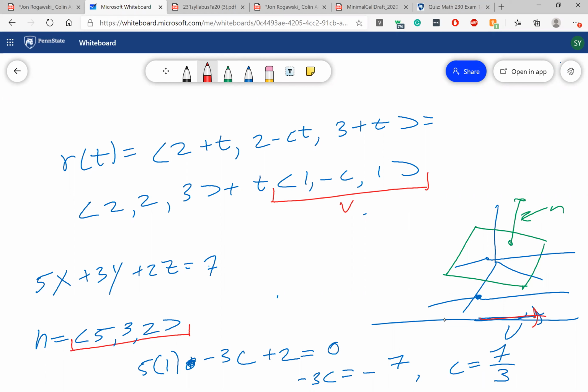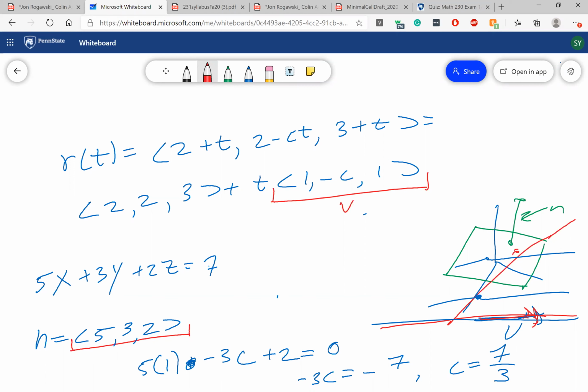You don't want the line to go through the plane at any point, so you want it to be parallel to the plane. So you get 5 times 1 minus 3 times c plus 2 is equal to 0. Then you just solve for it, and you get that c is equal to 7 over 3.